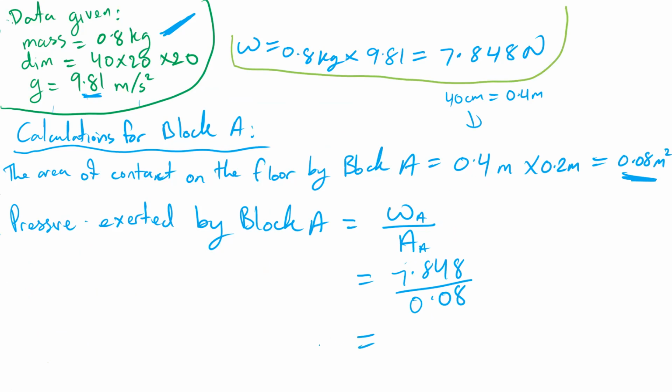And once you plug this into your calculator, you will get 98.1 pascals. So that's the pressure exerted by block A.